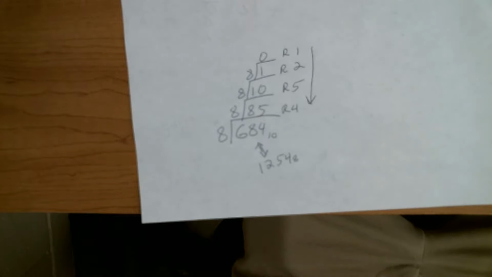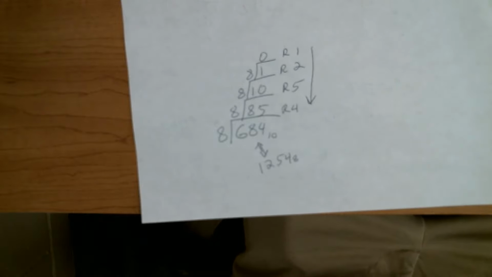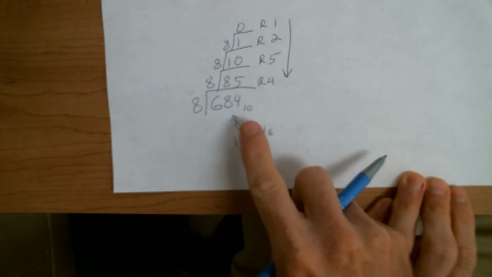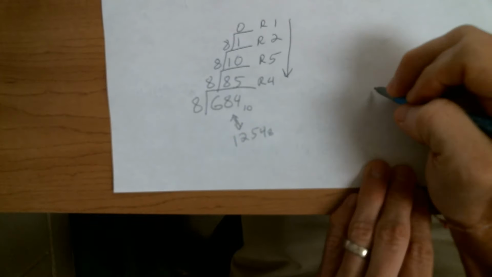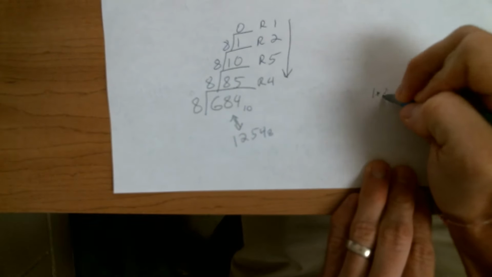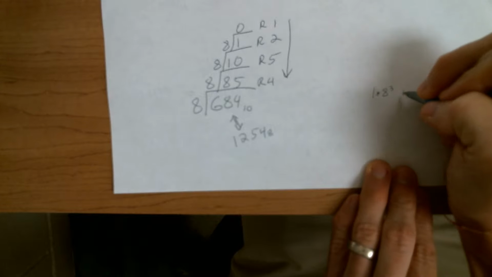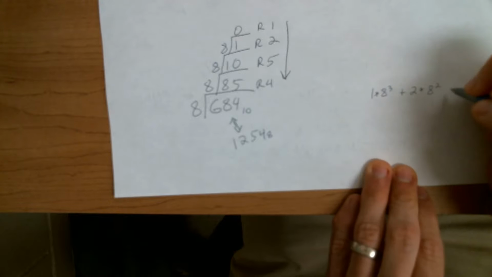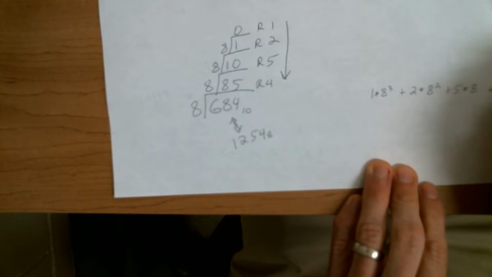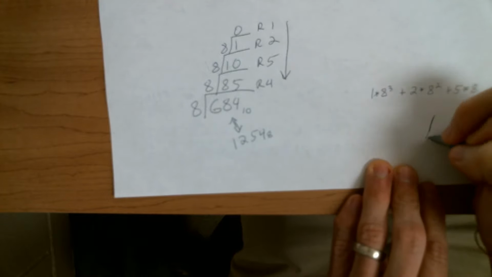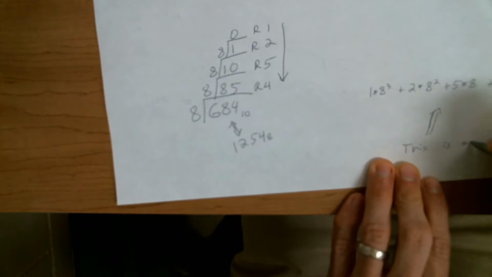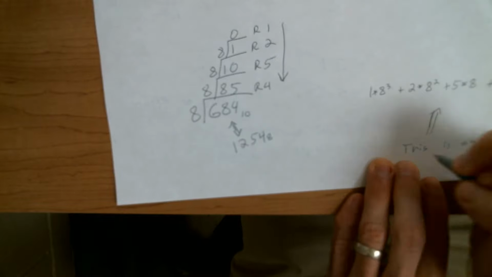So here's the theory behind how this algorithm works. 684 could be rewritten as 1 times 8 to the third plus 2 times 8 squared plus 5 times 8 plus 4. All right, this calculation right here is equal to 684.